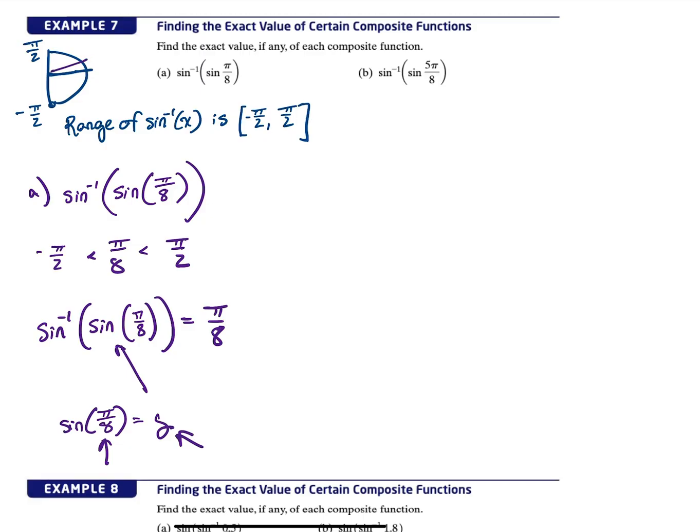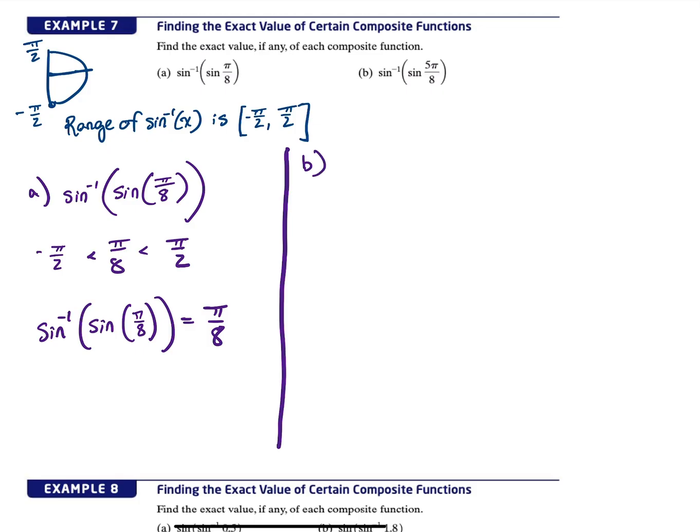Let's look at a converse example where that's not true. So in part B, we have the inverse sine of the sine of 5 pi over 8. And it's tempting because we've been saying that these will just undo each other and give the angle out. But we have to keep this restricted range in mind.